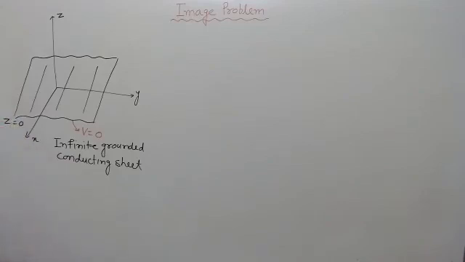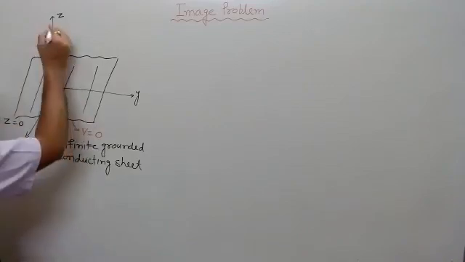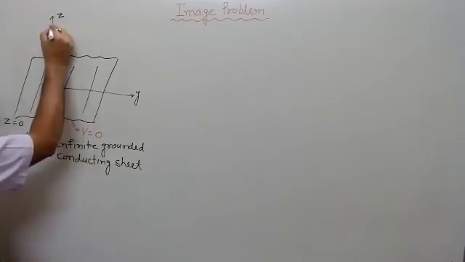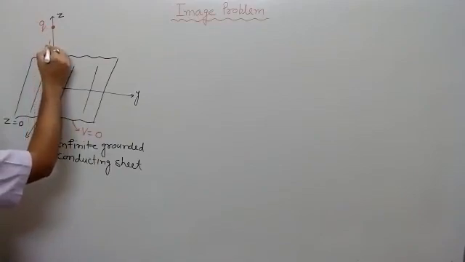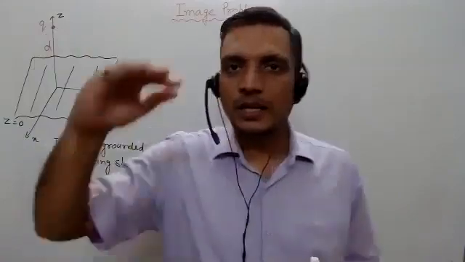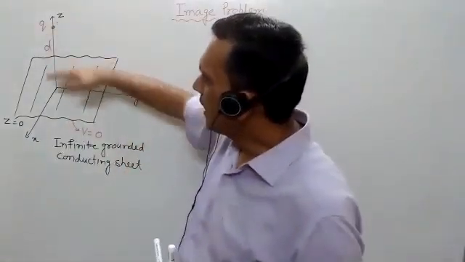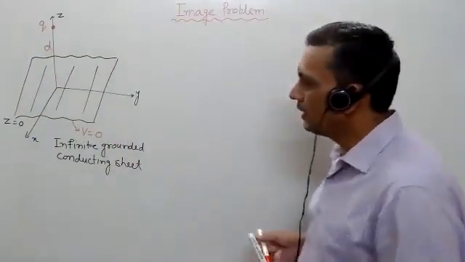So for this plane, z is equal to 0. And a charge q is placed d distance above the grounded conducting sheet.